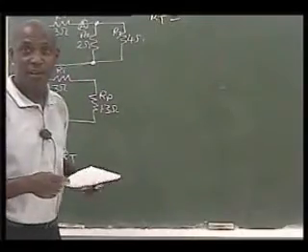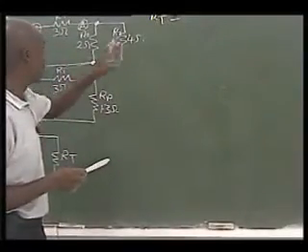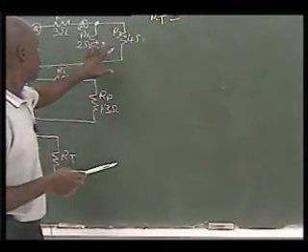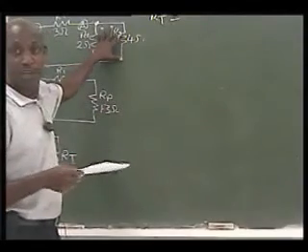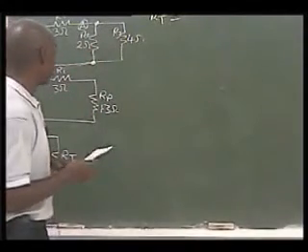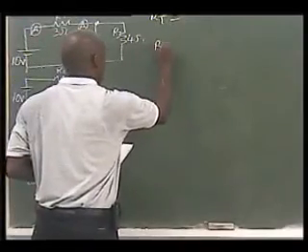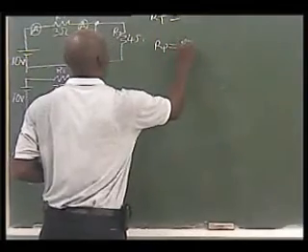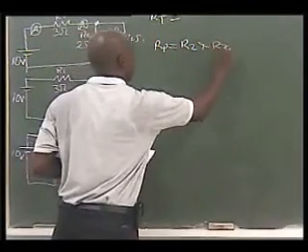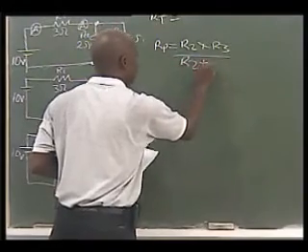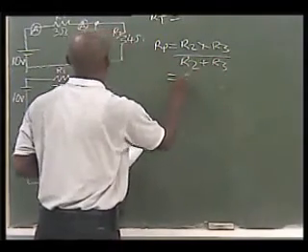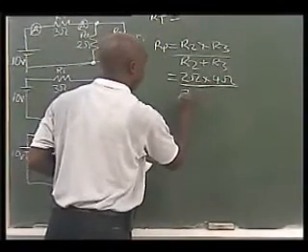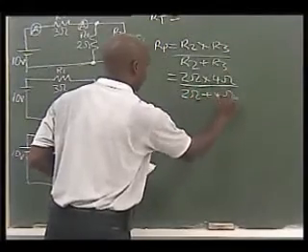Continuing with our series parallel circuit, we are going to find the total resistance. To start with, we're going to find the parallel combination of these 2 resistors. It's simply going to be Rp, sorry about the noise, is equal to R2 times R3 over R2 plus R3, which is 2 ohms times 4 ohms over 2 ohms plus 4 ohms.